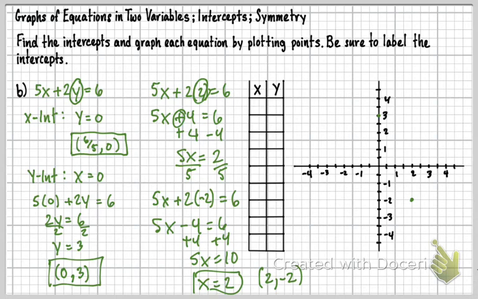And then I'm going to put the other point in there too, (6/5, 0). That 6/5 is really 1 1/5, like 1.2. So that's going to be a little less than a quarter past 1. So that is what it's going to look like.